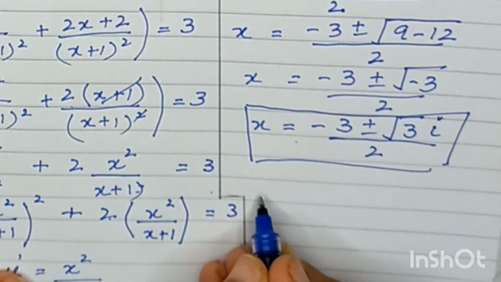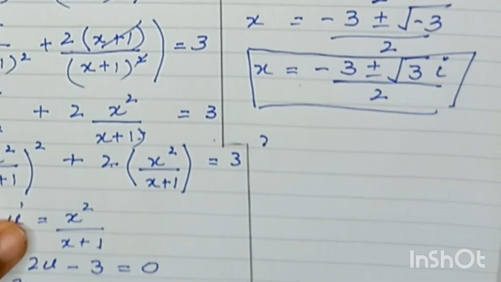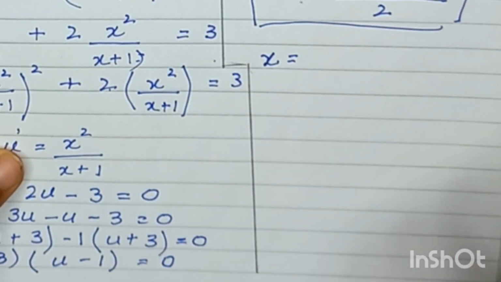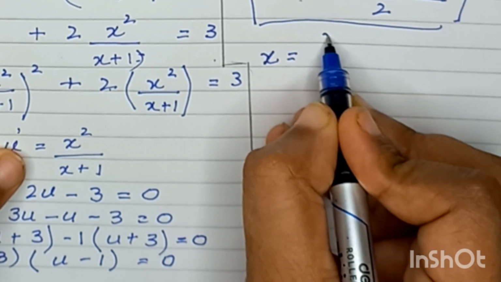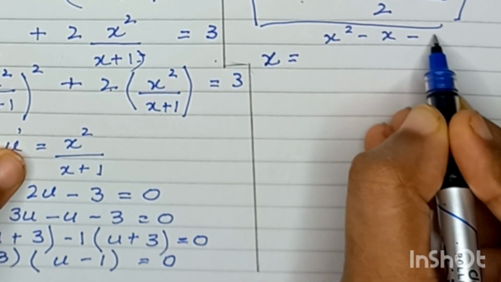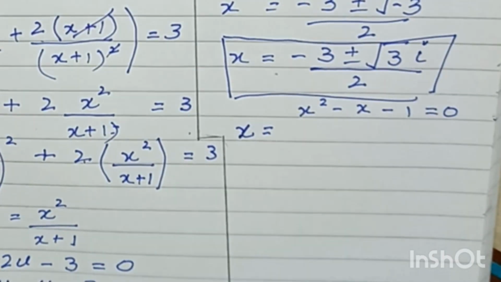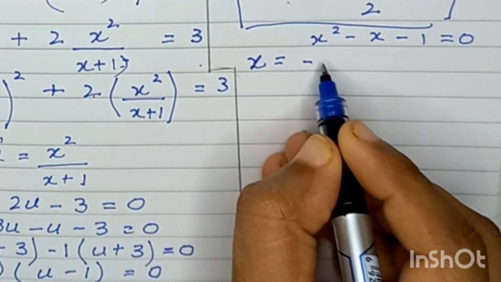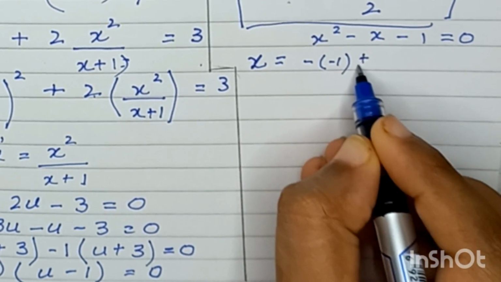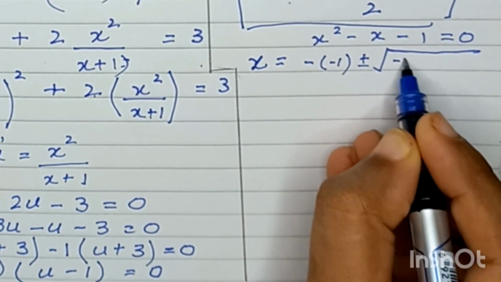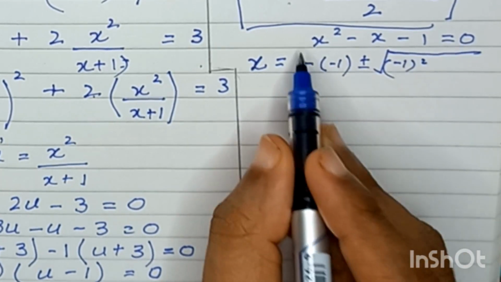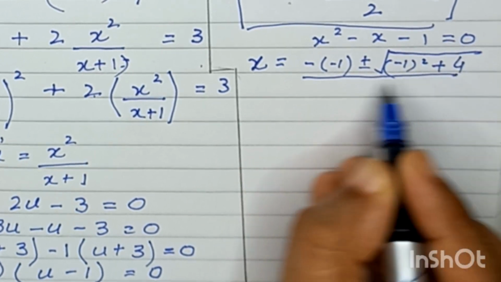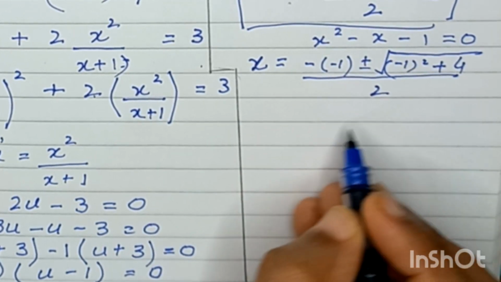We will just put the values in the above formula. So the equation is x square minus x minus 1 is equal to 0. So minus b means minus into minus 1, plus minus square root of b square, meaning minus 1 square, minus 4 into 1 into minus 1, which will be plus 4, divided by 2 into 1, which will be equal to 2.